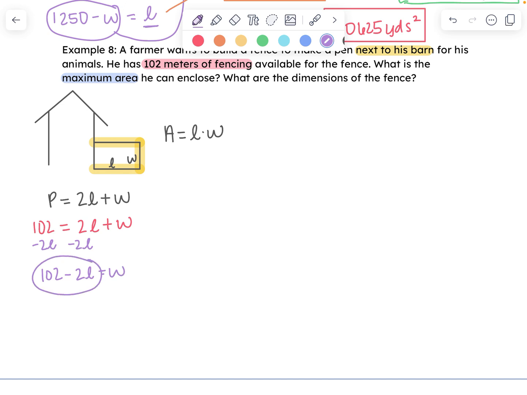And then I take that and plug it in for W. So my area is going to be L times 102 minus 2L. Distribute that: 102L minus 2L squared.